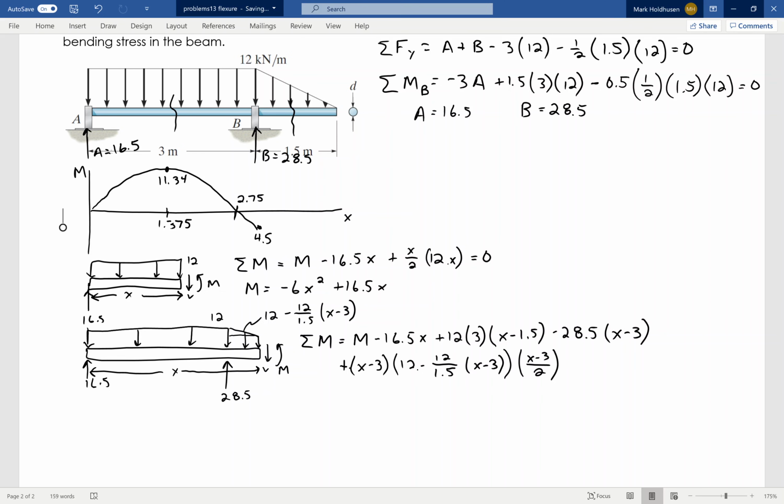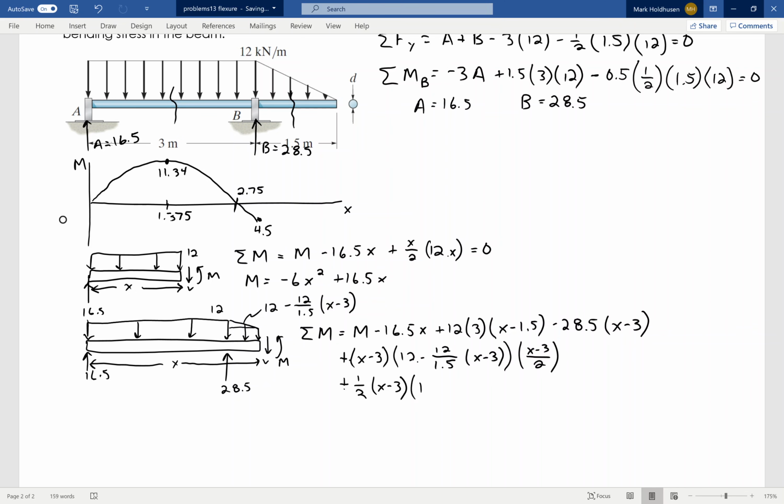So for that final one, the area is 1/2 times x minus 3, which is the base, and the height of this is going to be, I'm sorry, not 12 minus, 12 over 1.5 times x minus 3.